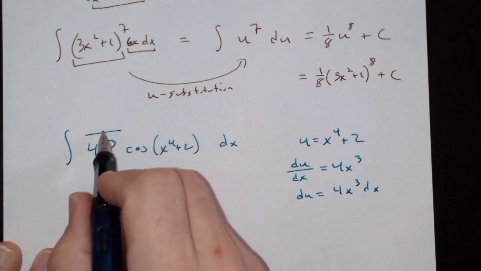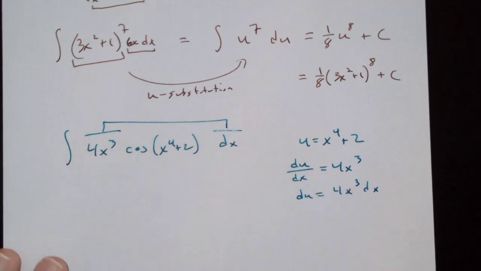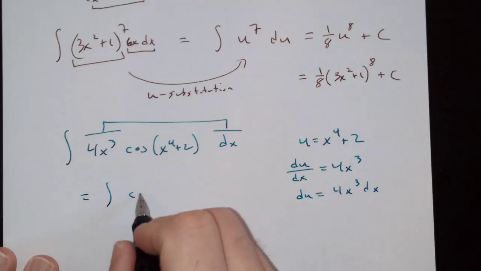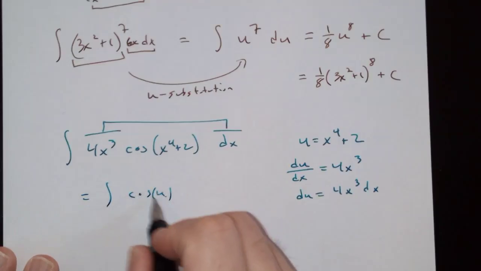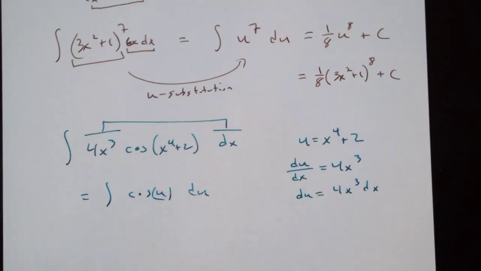That means these two pieces can be put together, because you can multiply in any order. 4x cubed times that cosine stuff is the same as putting the 4x cubed at the end of the cosine stuff. So that's my du. And this now becomes the integral of cosine of u du. And I know how to do that one.